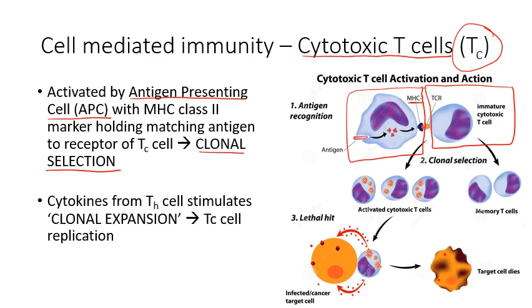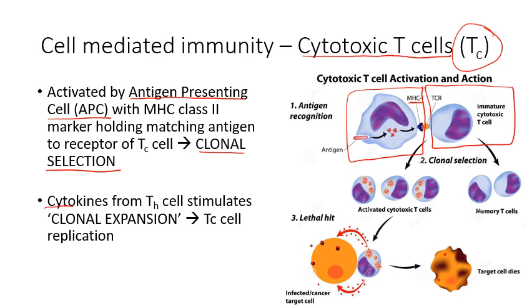The only difference is this cytotoxic T cell cannot begin the process of clonal expansion, where it replicates itself to create thousands of copies of itself, until it receives the chemical signals from the T helper cell to do so.